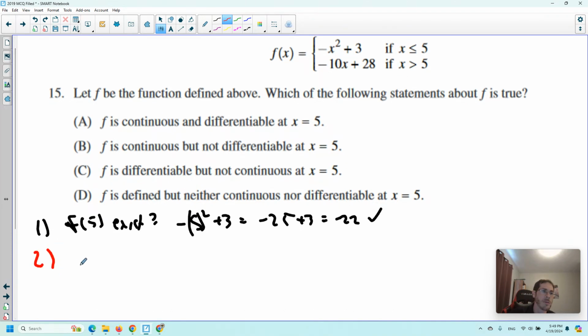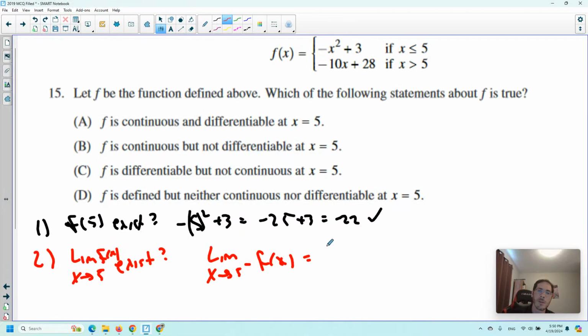We move on to step 2. Does the limit exist as x approaches 5 of f of x? All right, so that's checking the limit as x approaches 5 from the left of f of x versus the limit as x approaches 5 from the right of f of x. Since this part's continuous, we know from the left we're going to get negative 22 from this part up here.